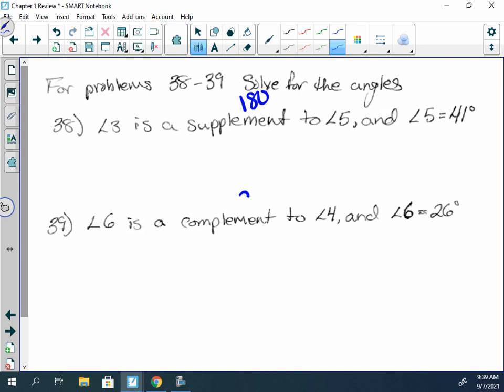Supplement is 180, complement is 90. If 2 angles are supplementary angles, they add together to be 180. If two angles are complementary angles or complement each other, they add up to be 90.